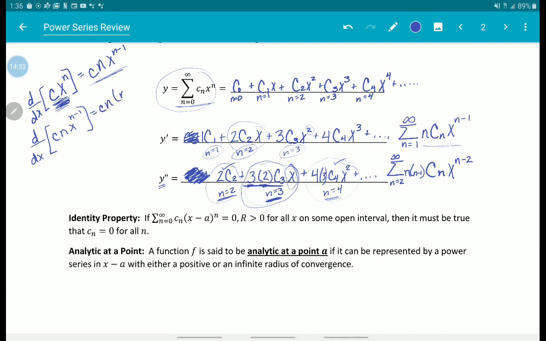We would bring the exponent down, and then we would subtract 1 from the exponent. So we would end up with that guy. And you can see the parallel between what we would have done in Calc 1 and then our second derivative here. They look really, really similar, if not identical, minus the summation notation there.